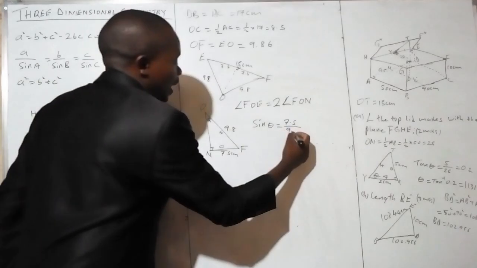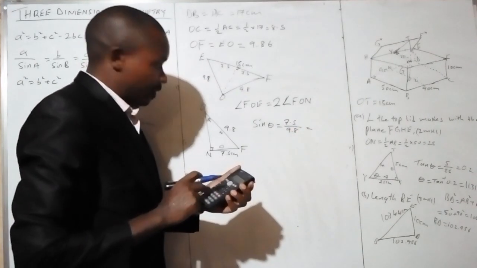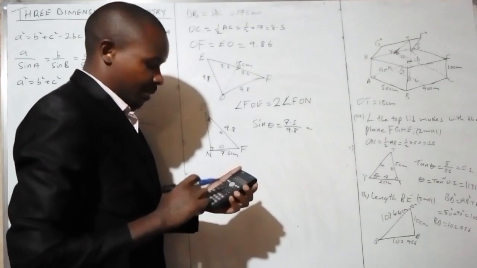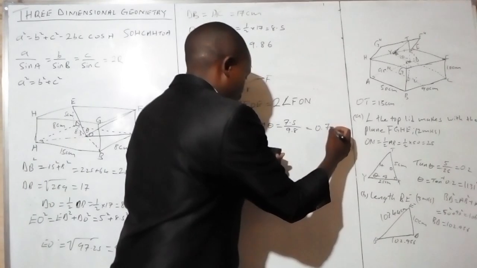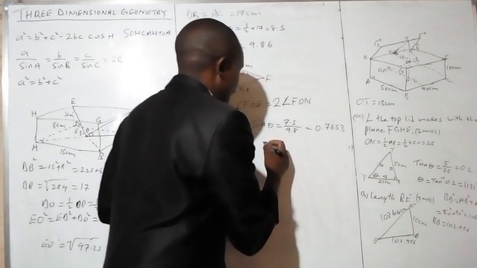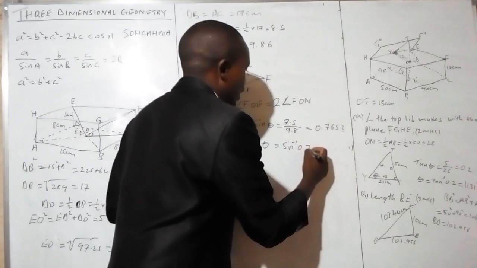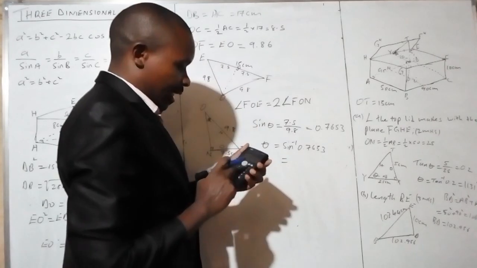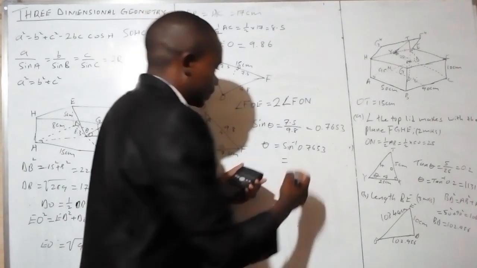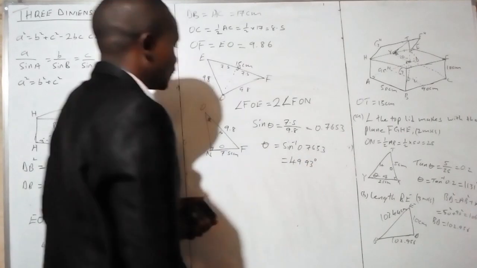That is 7.5 divided by 9.8, which is 0.7653, and theta is equal to anti-sine 0.7653. To get what? Anti-sine, the answer is equal to 49.93 degrees. That is this angle here.